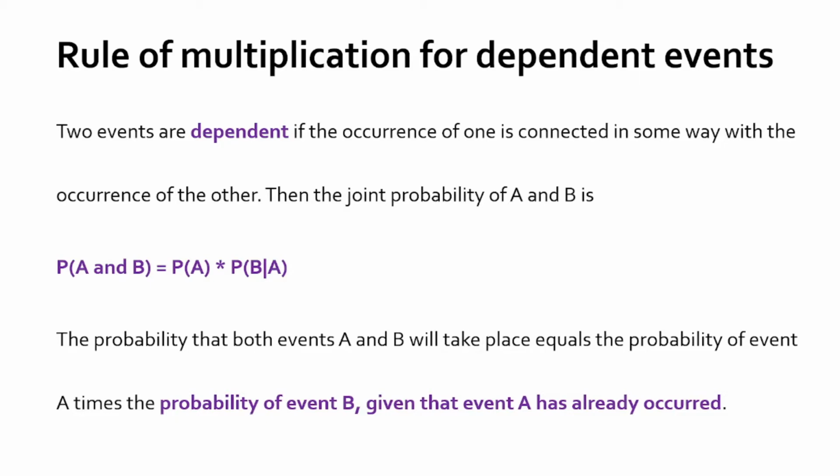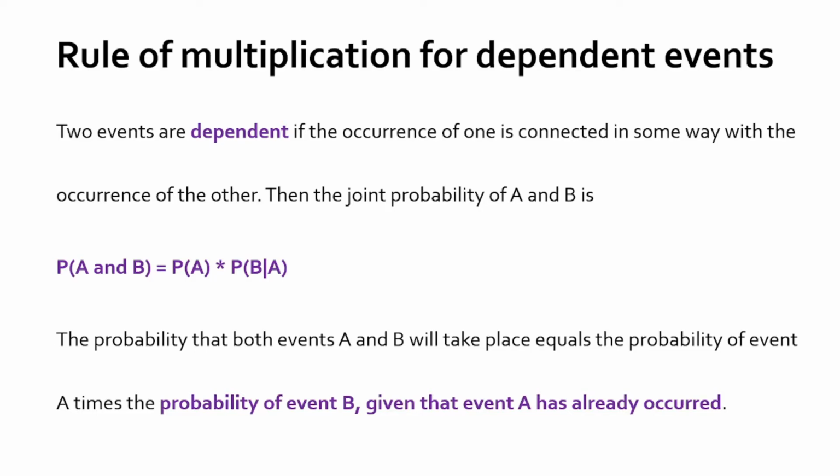The rule of multiplication for dependent events. Two events are dependent if the occurrence of one is connected in some way with the occurrence of the other. Then the joint probability of A and B is given by P(A and B) is equal to the probability of A times the probability of event B given that event A has already occurred.